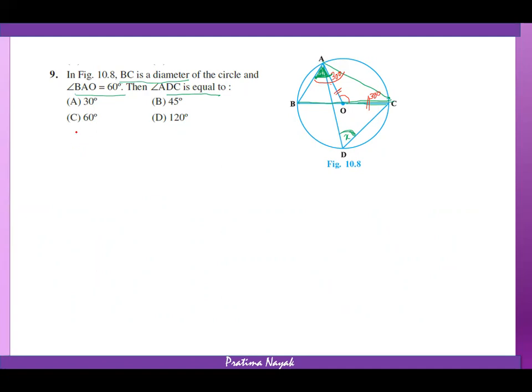So let us write the answer now. Join AC. Angle BAC is equal to 90 degrees. Why? Angle on a semicircle, since BC is the diameter.